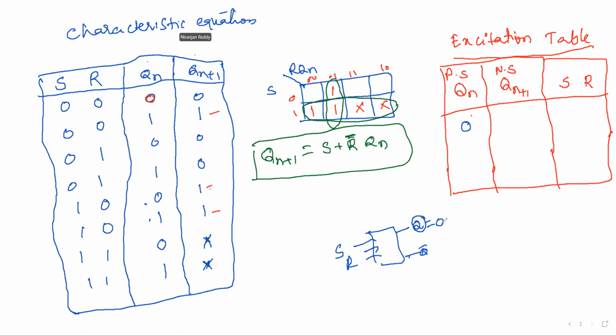Q is equal to 0. The next state also, which means the next output also I want 0. You give some input to the flip-flop, you get an output of 0. Next also you want it to be the same. For that, what is the value of SR? What could be the value of SR?